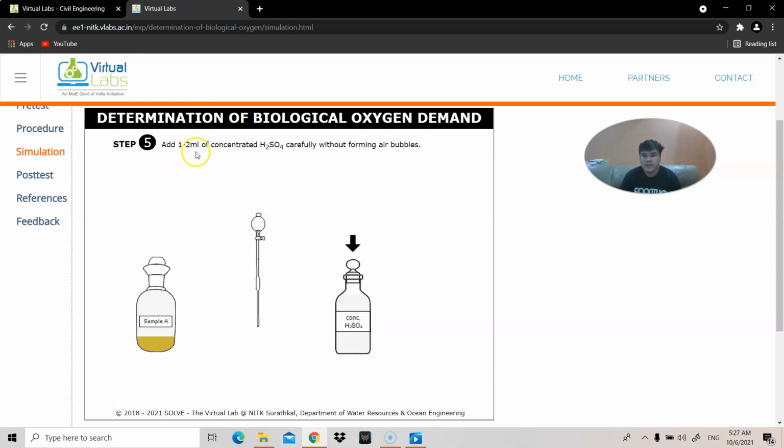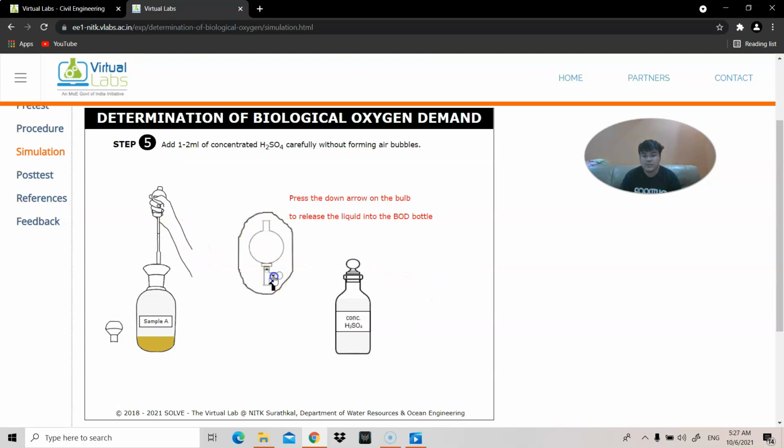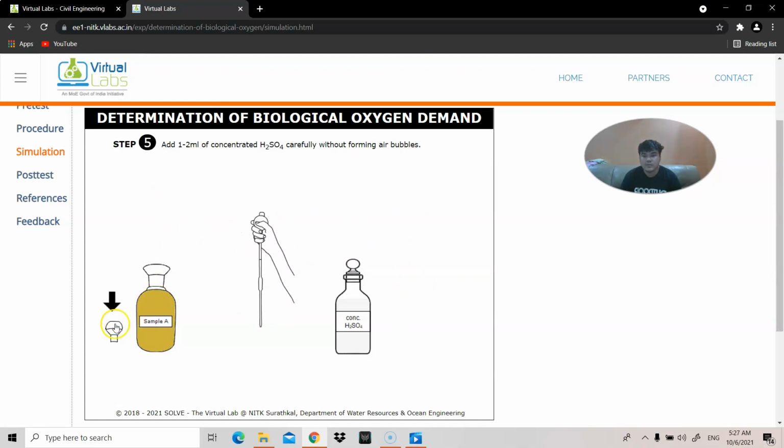Add 1 to 2 ml of concentrated H2SO4 carefully without forming air bubbles.